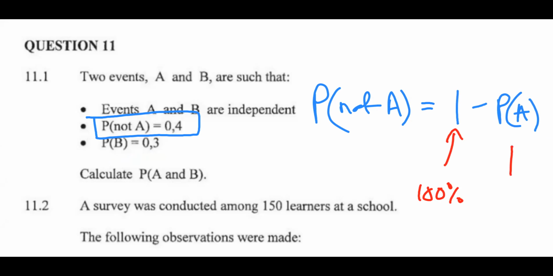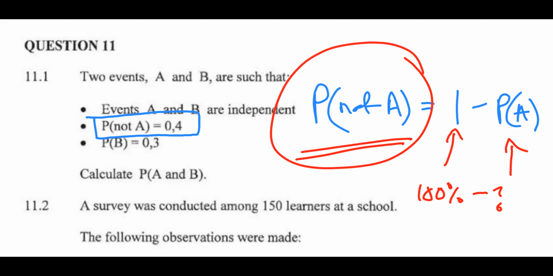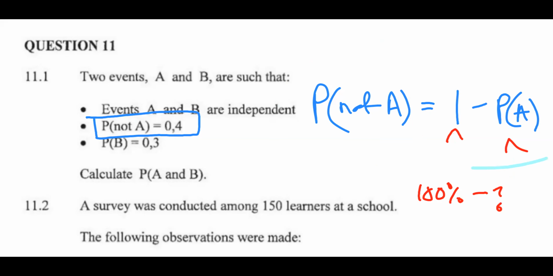So if you minus the probability of A, whatever A's probability is, you'll get the probability of not A. So it's like 100% minus whatever A's chances are. If you take away A's chances, you end up with the probability of not A. I hope this makes sense. So this is also one of the useful formulas that we can use.